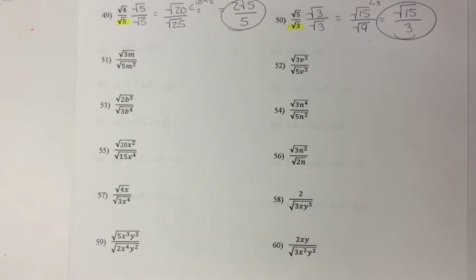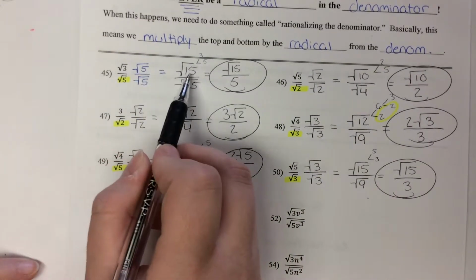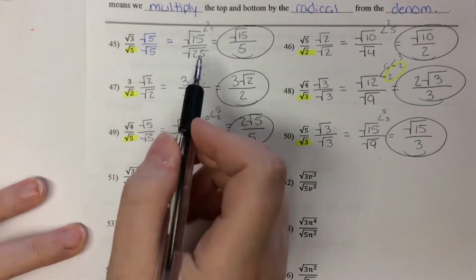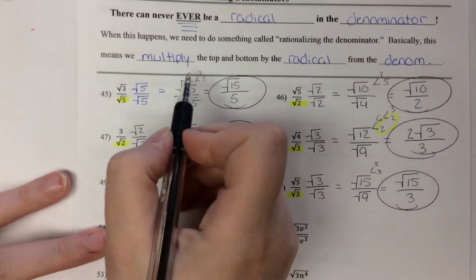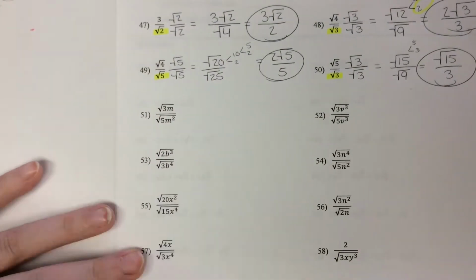All right, same rules apply for multiplication and division. Same thing with radicands. Radicands get multiplied with other radicands, like we did up here, 3 times 5, and we got 15. But they can also be divided or reduced as long as they're both radicands. A radicand is whatever's inside of the radical. All right, so let me show you what I mean by this. Number 51.